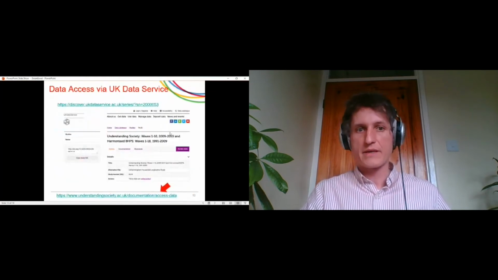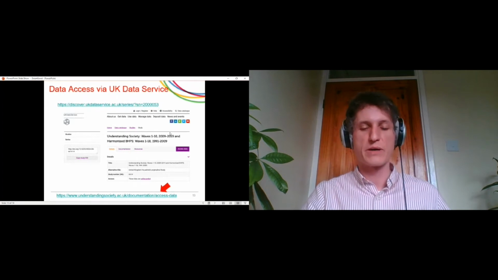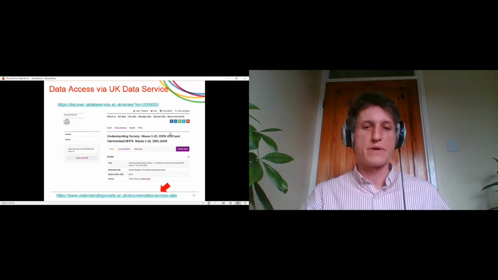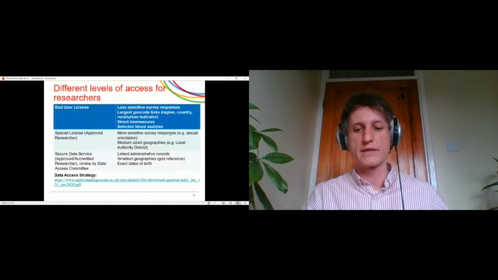If you want to access our data, it is available from the UK Data Service website. To access it, you need to register with the UK Data Service, and then choose which license you need, which I'm going to talk about in a minute. Basically, you accept the terms of the license, and then you can download the data.